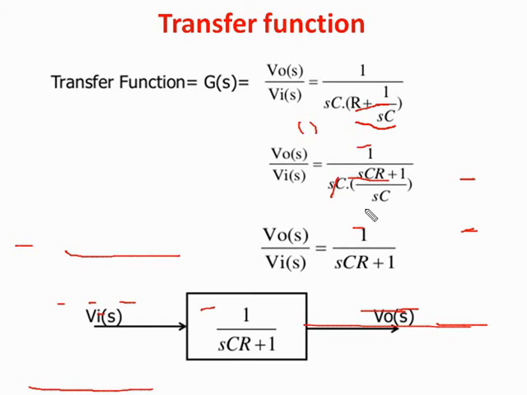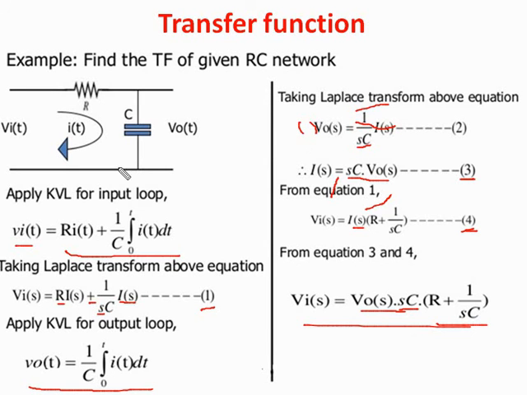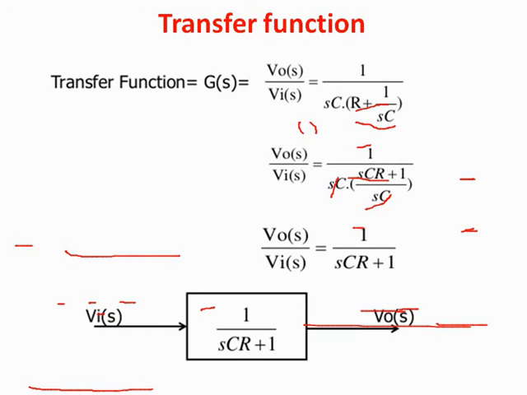The sC cancels out, so Vo(s)/Vi(s) equals 1 over (sCR plus 1), which is the transfer function. So the overall transfer function of this RC network is 1 over (sCR plus 1).